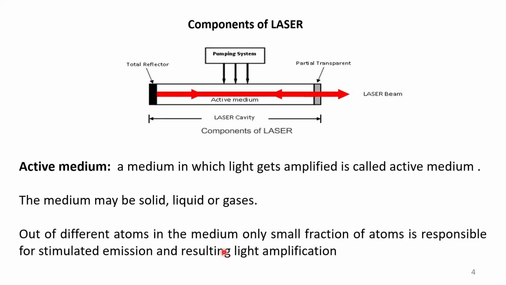But out of the different atoms in the medium, only a small fraction of the atoms is responsible for the stimulated emission, resulting in the light amplification. So the active medium is very important for light amplification.